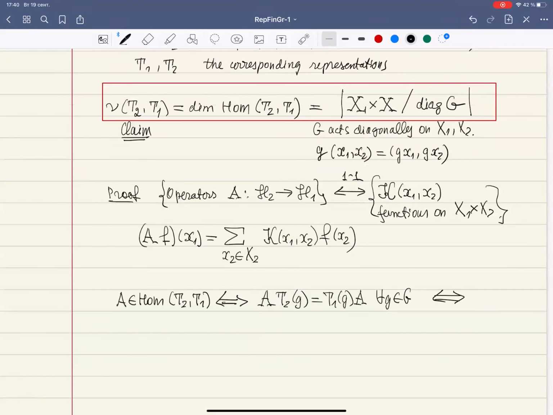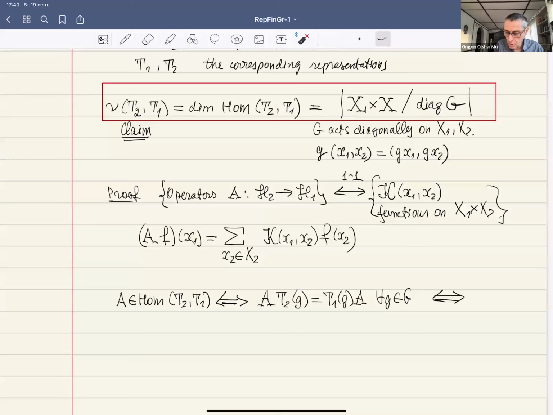Excuse me, what is the space, the second space in the one-to-one correspondence? Could you repeat it, please? I would like to say that this claim is independent of any mention of representations.